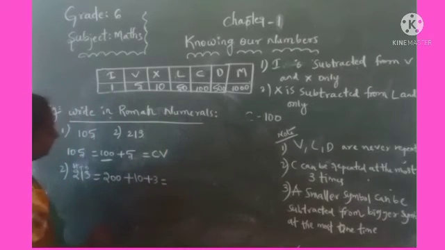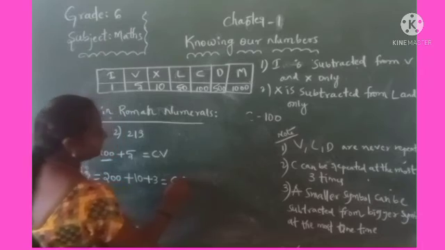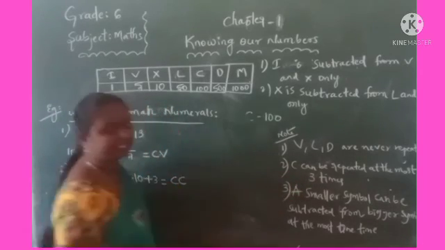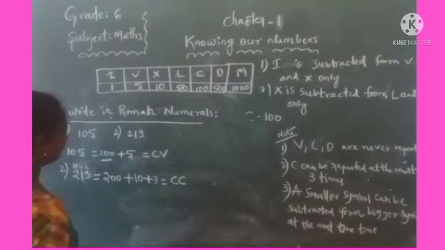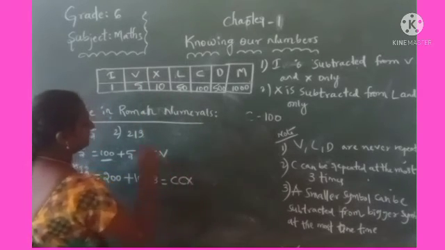So 100 we can write as one C. So 200 means how many C's can we write? 2 C's. C can be repeated at most 3 times. Very good. So C C for 200, X for 10.